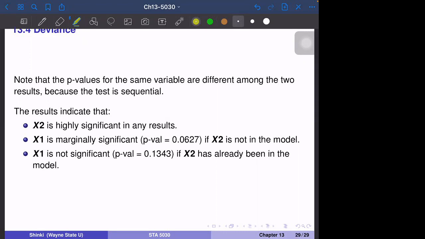It's marginal; the p-value is around 0.05. And X1 is not significant if X2 has already been in the model. If we have information of X2, X1 doesn't add much more information. So that is the result from this test by deviance.